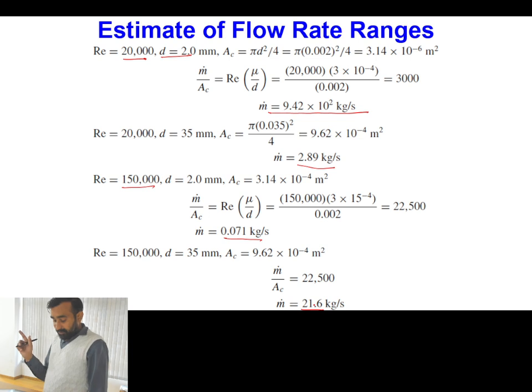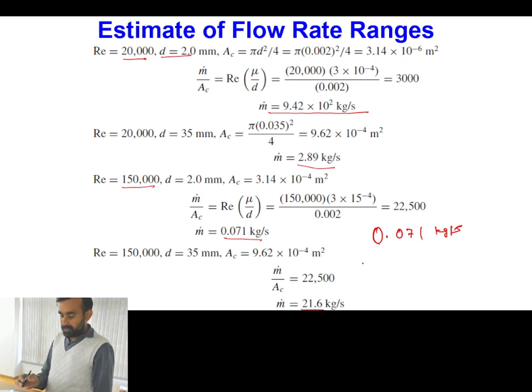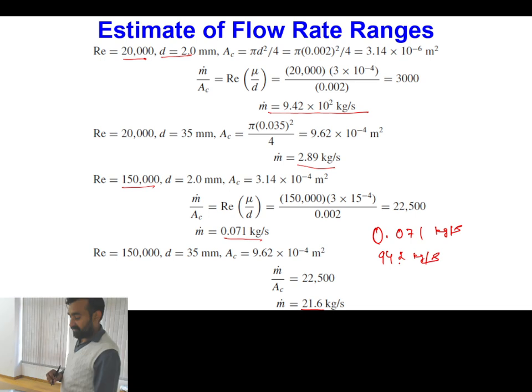Okay. Now, it is interesting to note that what is the smallest flow rate obtained? 0.071 kg per second. And what is the highest flow rate obtained? 942 kg per second. Okay.